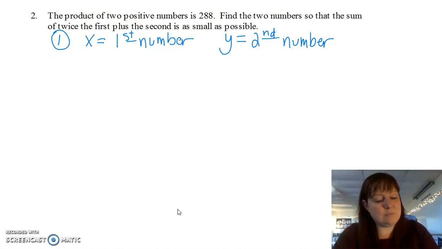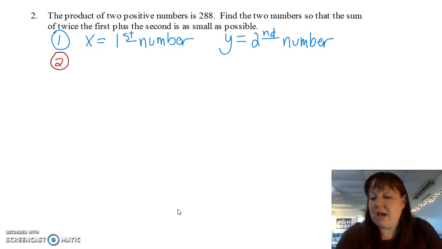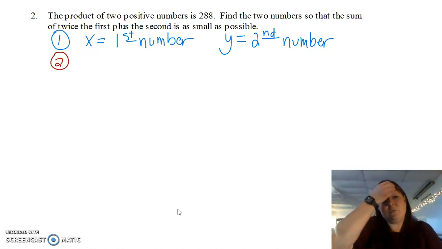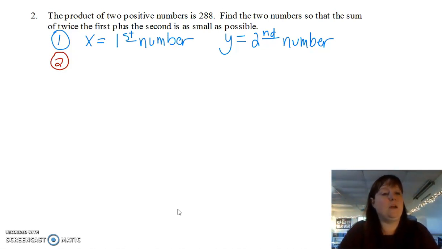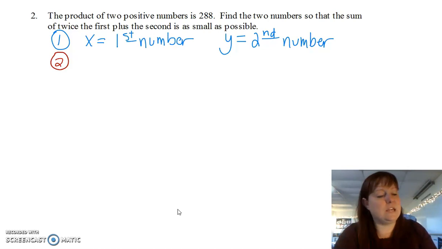Then the second step is to write a primary equation and to isolate whatever needs to be minimized or maximized. This says we want to minimize the sum of the two numbers, right? The sum of twice the first plus the second. If we write that as an equation, this is going to be our primary equation.